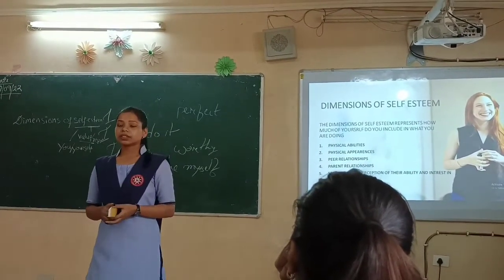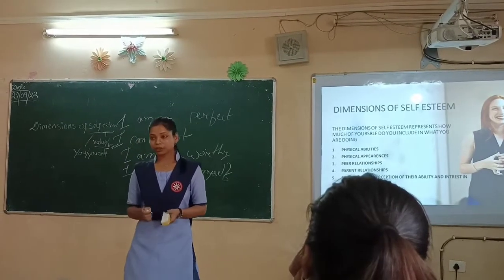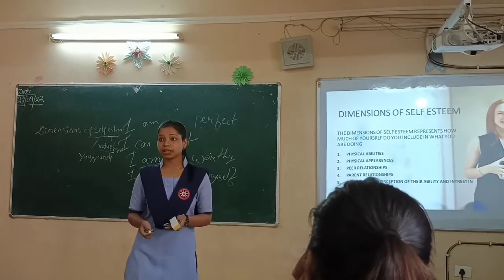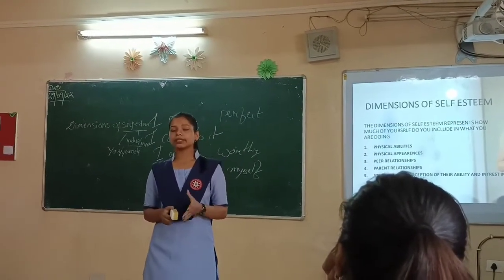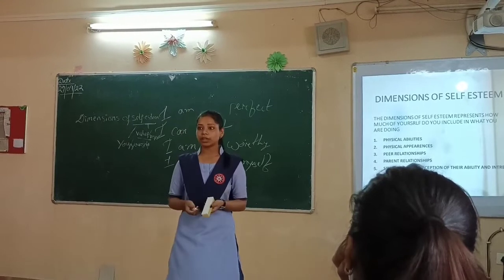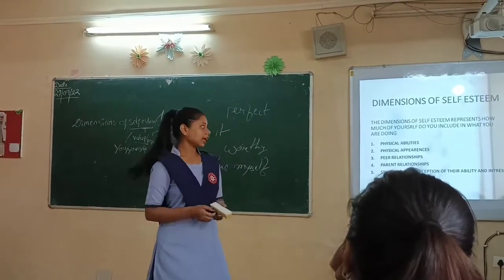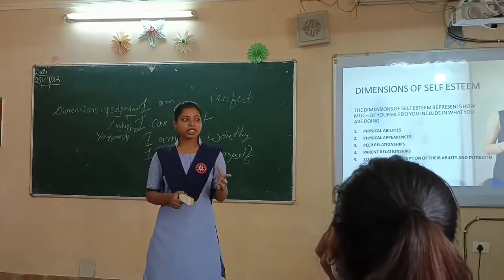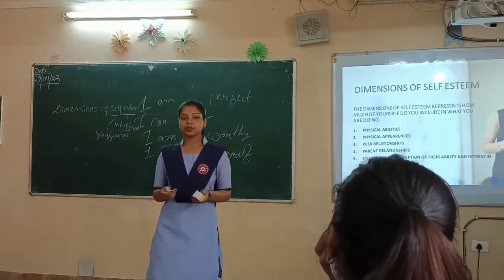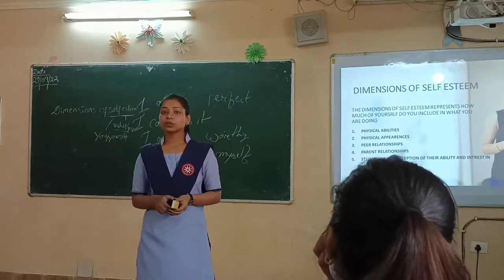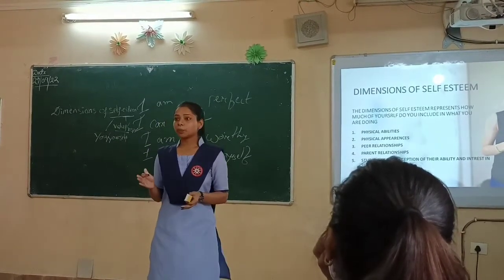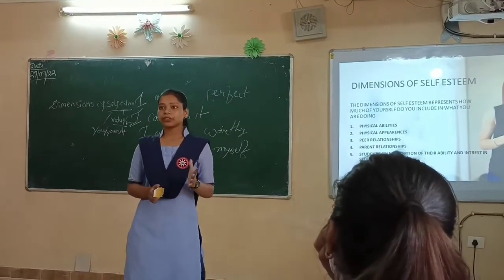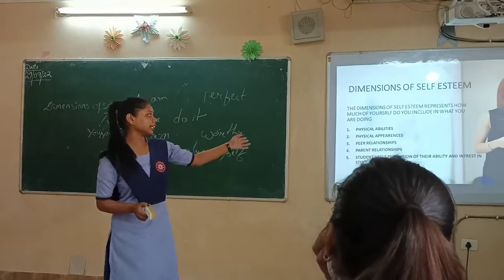Some of us have strength for doing particular work, like swimming or going to the gym. Someone has so much flexibility in his or her body that he or she can do dance, yoga and these kinds of things. So these come under the first point, physical ability.